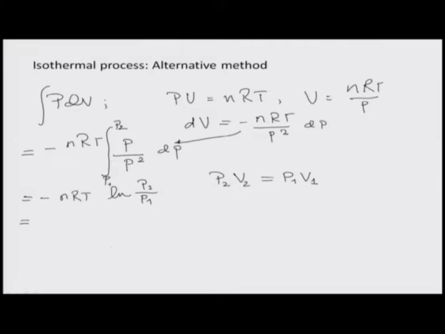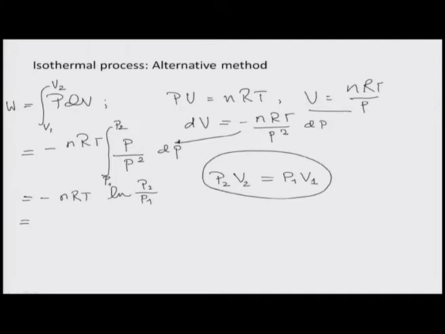So what do I get as my work done? You see what I have done. I am writing again the same integral, work done is the integral of PdV from V1 to V2. PV is equal to nRT, so V is equal to nRT over P, and dV is equal to minus nRT over P squared dP. I am just taking the differentiation. So minus nRT P by P squared dP, and now I integrate from the initial value of the pressure to the final value of pressure, which gives P2 by P1.